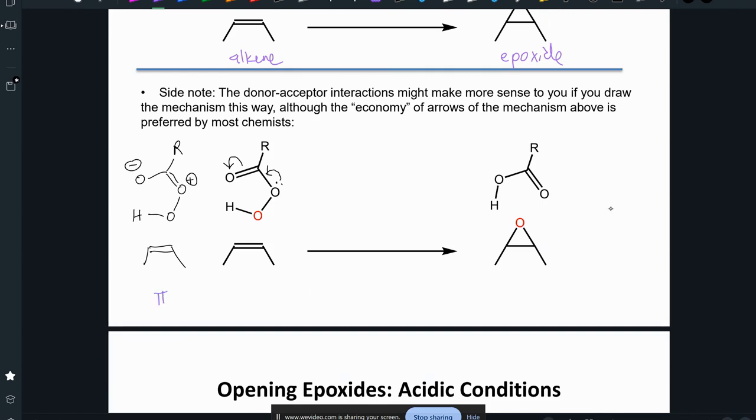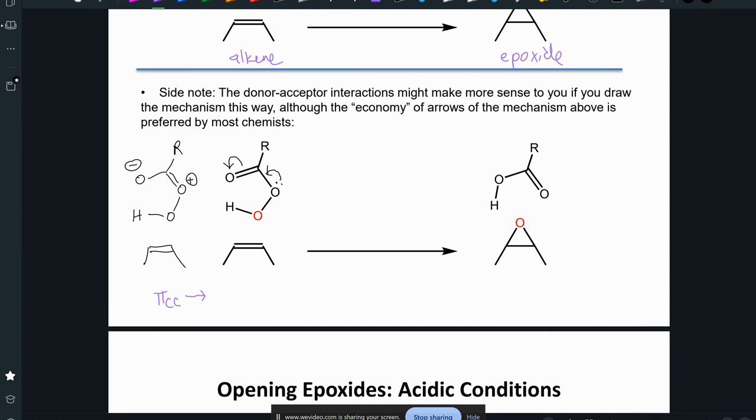So when I think about how this reaction happens, I have my pi CC as a donor. What's the LUMO of this other molecule? Well, you might say pi star CO. It's true, but pi CC is not going to be able to donate directly to pi star CO here.